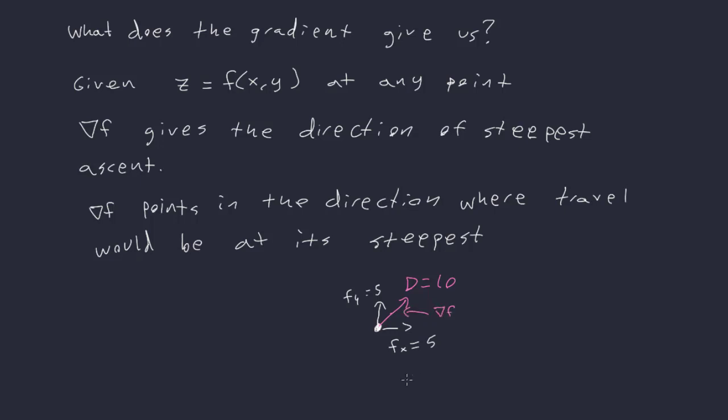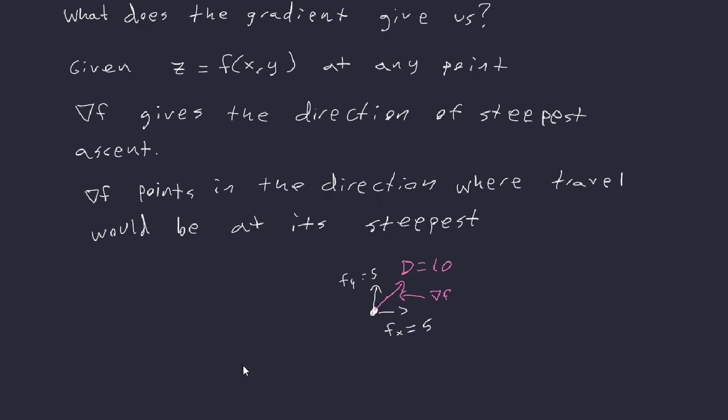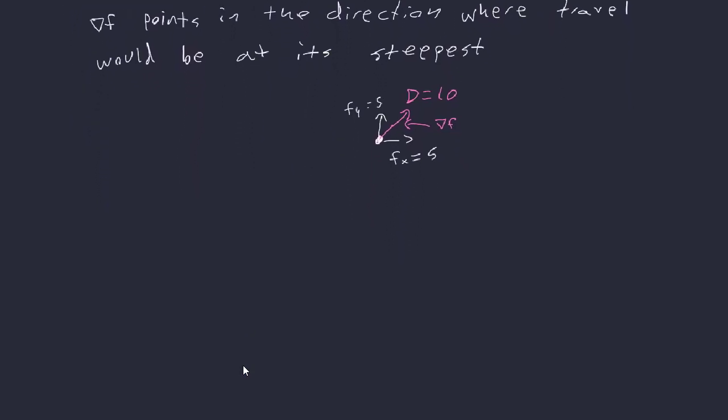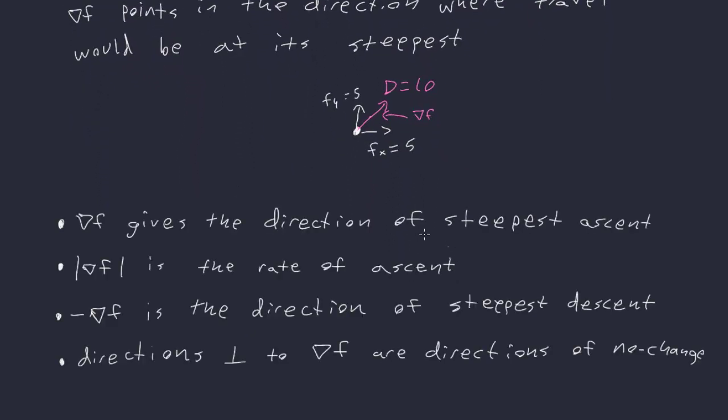Okay, so I think it's actually easier to show what we're talking about with an actual example. So I'm going to prepare that, but I want to also get across some of the vocabulary before we do. All right, so as we mentioned, the gradient of f gives the direction of steepest ascent.